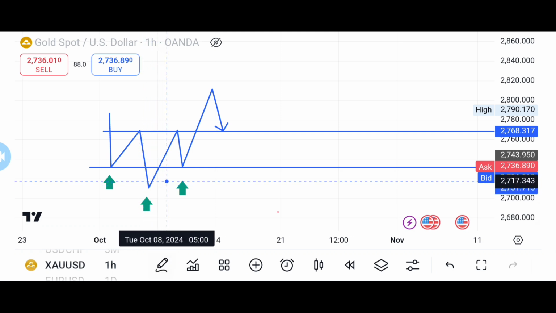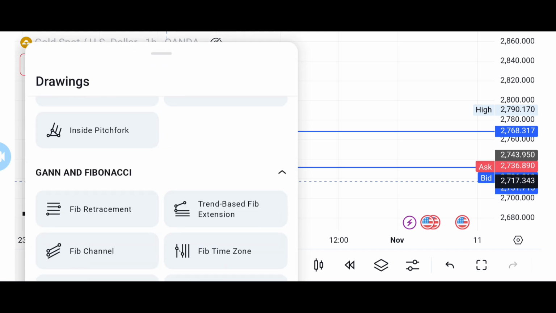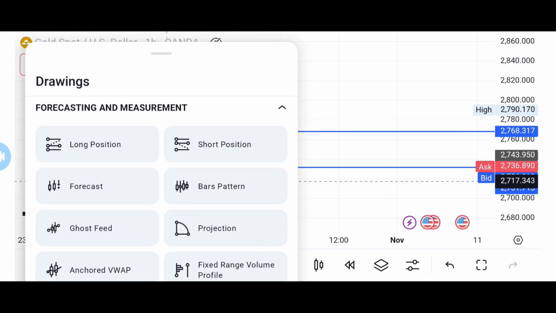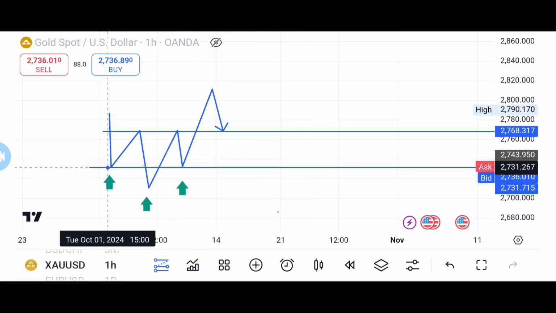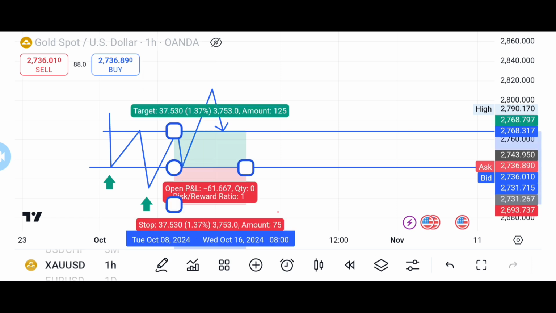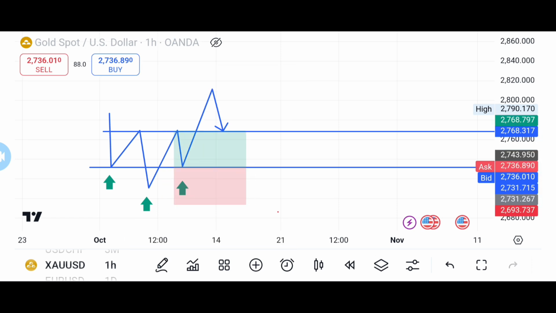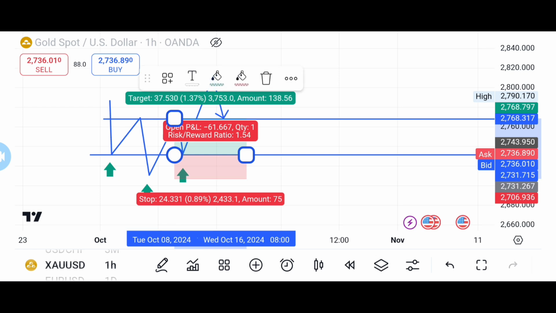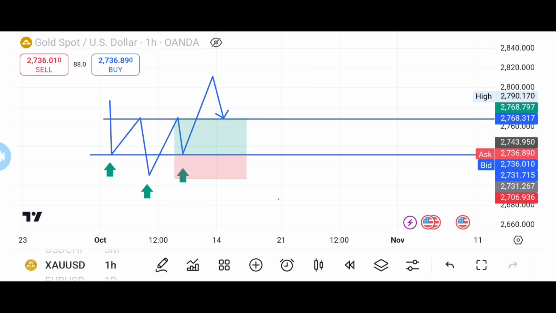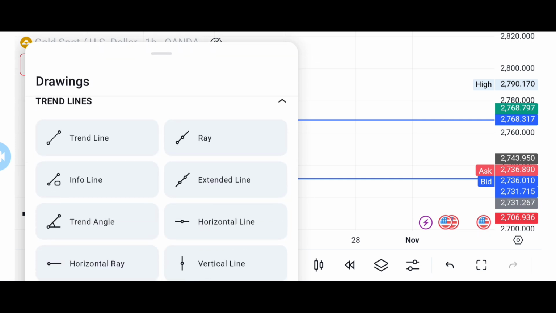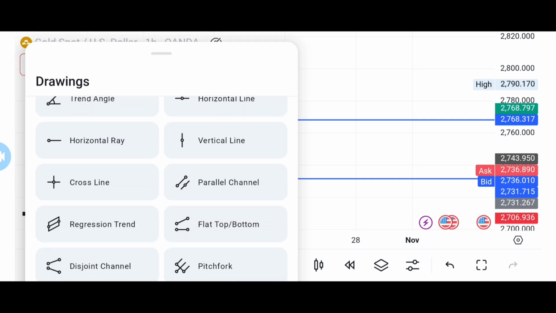What do I mean? You will wait for the left shoulder to be formed, place your entry at the buy like that, then your stop loss will be the head, and your take profit one will be at the neckline.